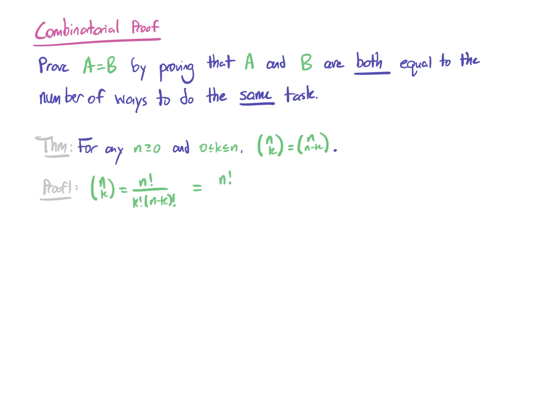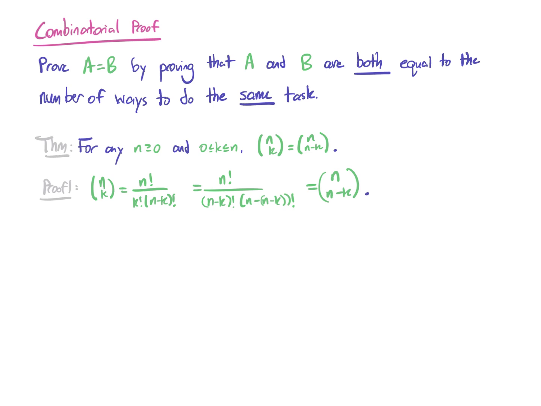That's n factorial divided by n minus k factorial, so I just moved this n minus k factorial to be first, and then k factorial, because n minus k in parentheses is just equal to k itself. And so that's the definition of n choose n minus k.